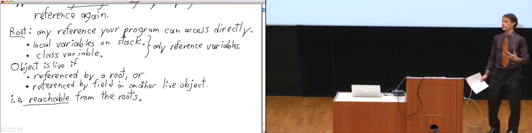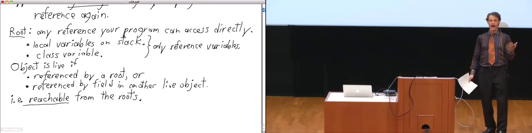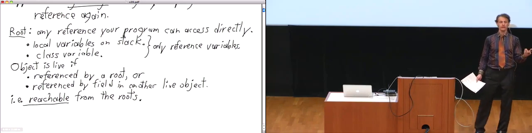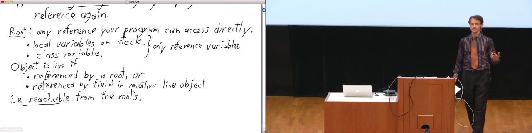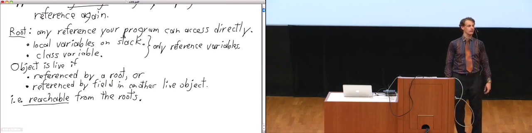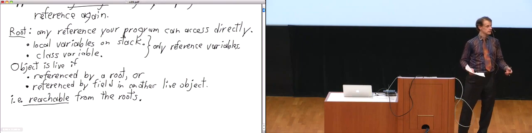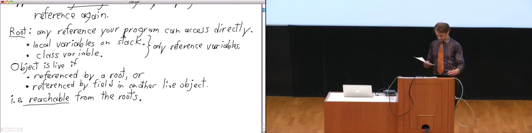So if you run depth-first search on this graph of objects and their references, then you will eventually reach all the live objects by depth-first search. And that's exactly what garbage collection does. It runs depth-first search from the roots.